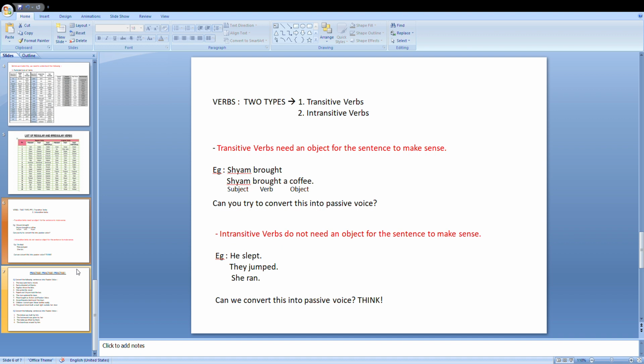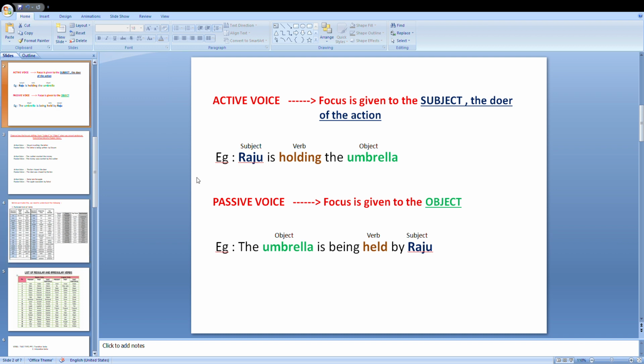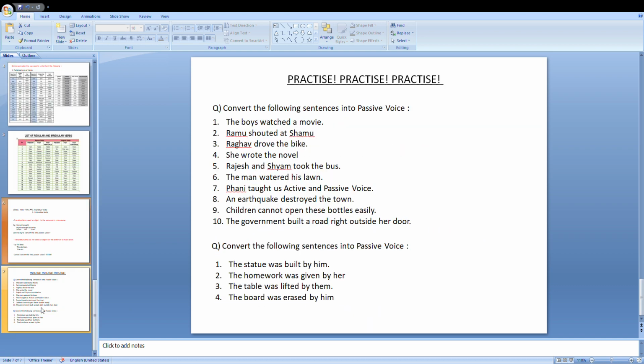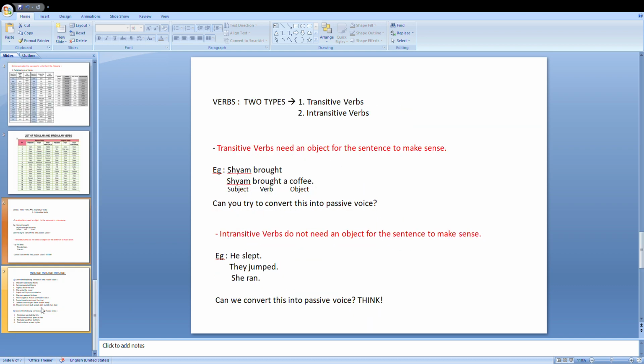Transitive verbs are those verbs that need an object for the sentence to make sense. We know what is an object, right? If you look at this slide again, an object is that part of the sentence on which the action is being performed. Alright, so transitive verbs are those verbs for which an object is necessary for the sentence to make sense.